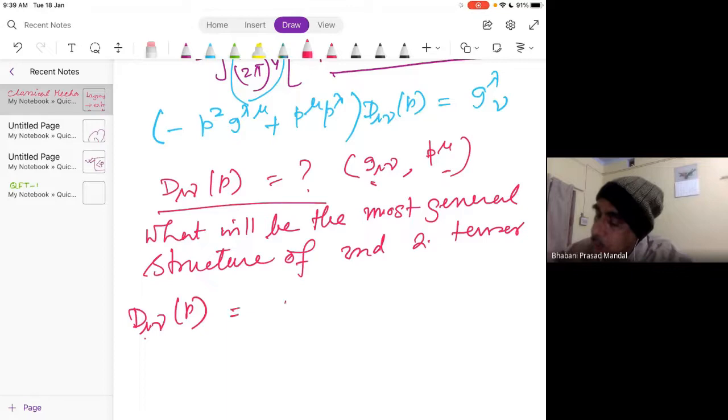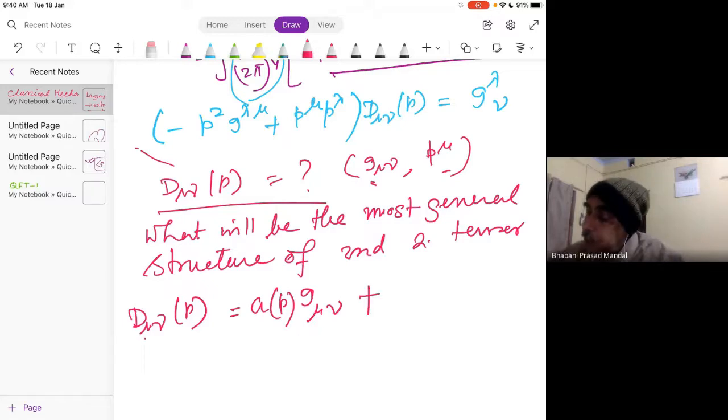One possible term is A(p) g mu nu, where A can be any function of momentum, plus I can have B(p) times p mu p nu. So this is one possibility.